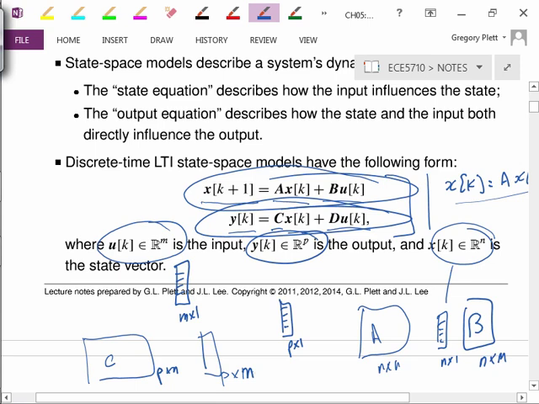For our models, the way we describe them in this course at least, we have a single input u. u is going to be the applied current to the cell. So while u could be a vector in everything we talk about, it's actually going to be a scalar quantity, so m equals 1 for our models. But x is in fact a vector, and y is in fact a vector as well, which might be surprising because we would expect the output to be voltage, which is a scalar quantity.